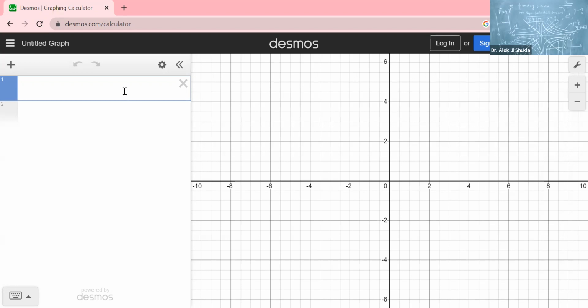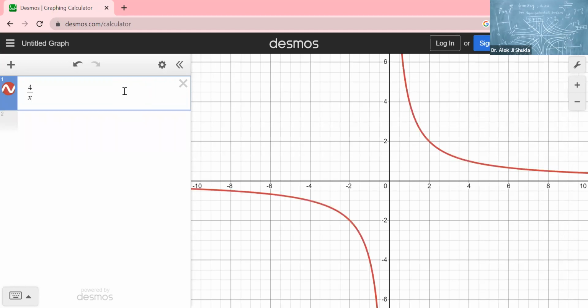अब सबसे पहले कौन सी वैल्यू लूं बताओ? y इज इक्वल टू, क्या पोटेंशियल लूं? 4 ले लूं? 4/x. देखो आ गया ना दोनों. Because obviously you will take the positive values of x also and negative also, to make the graph.